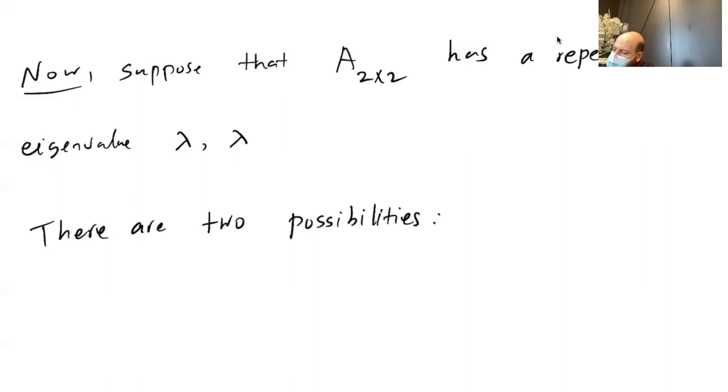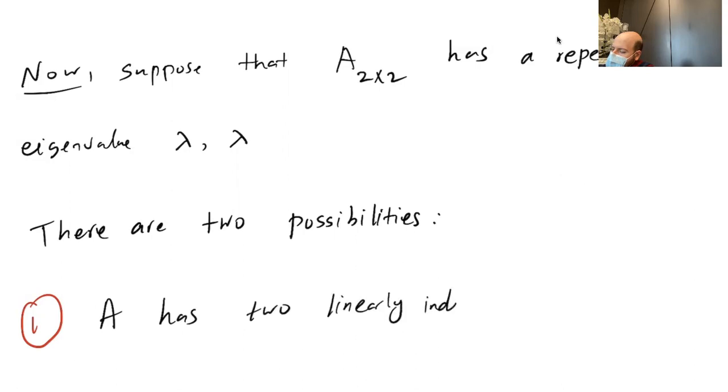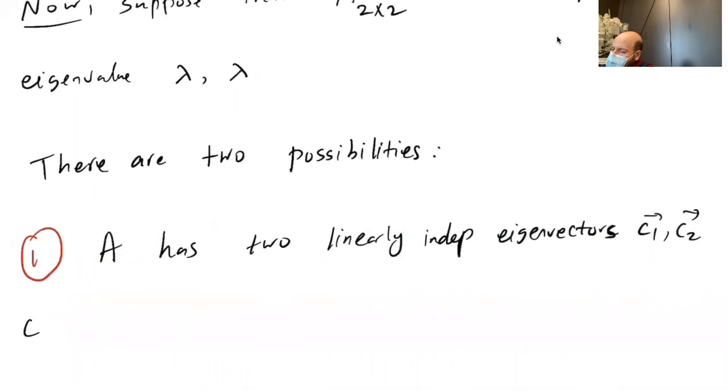Possibility one is that A has two linearly independent eigenvectors, let's say C1 and C2, corresponding to the eigenvalue lambda.